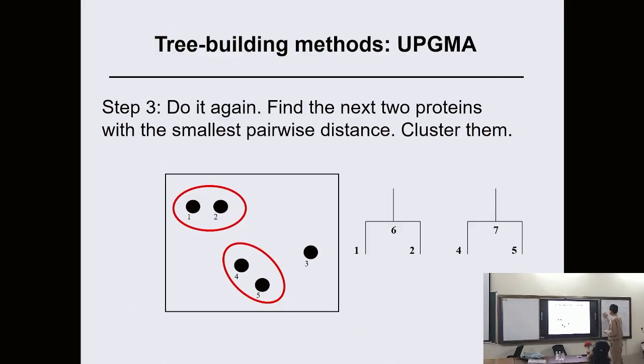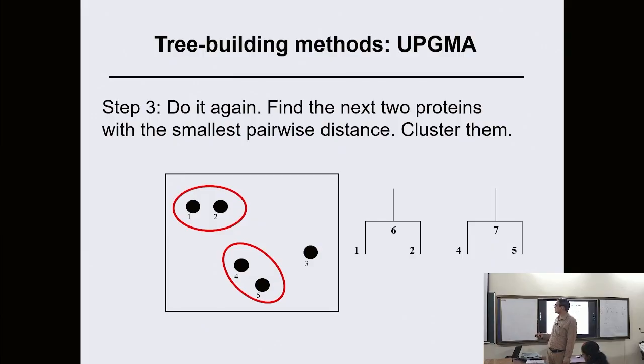So, this distance is half of D12, and of course this is also half. So, the vertical line, if you add them up, they should add to D12. So, from the ancestral node 6, half D12 plus half D12 is D12. That is the distance between the two sequences 1 and 2, and similarly for this.